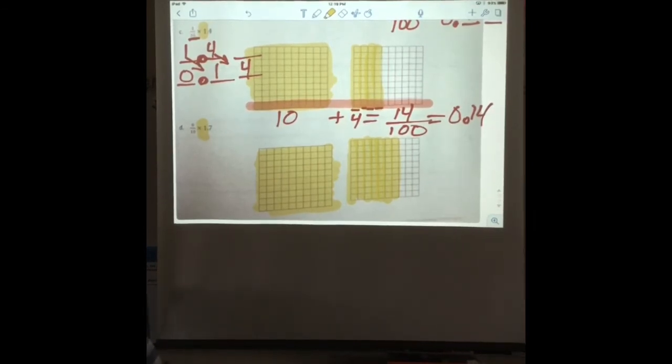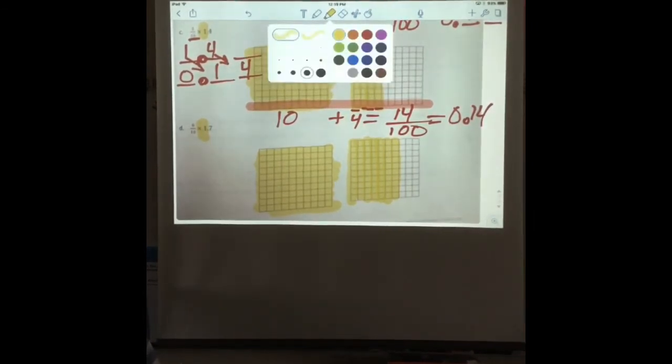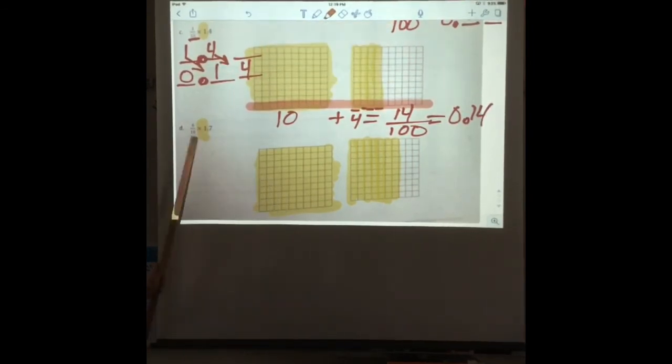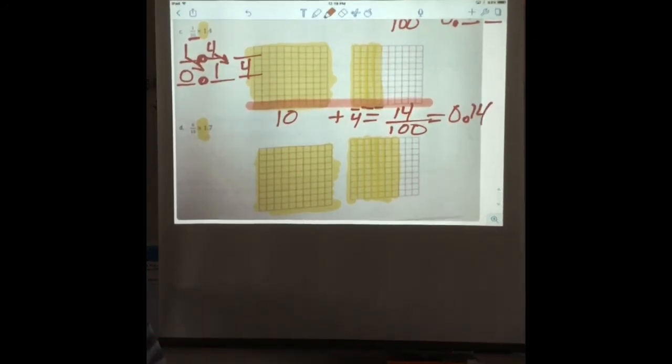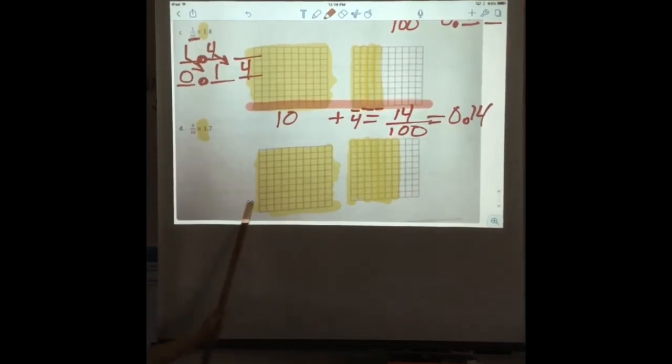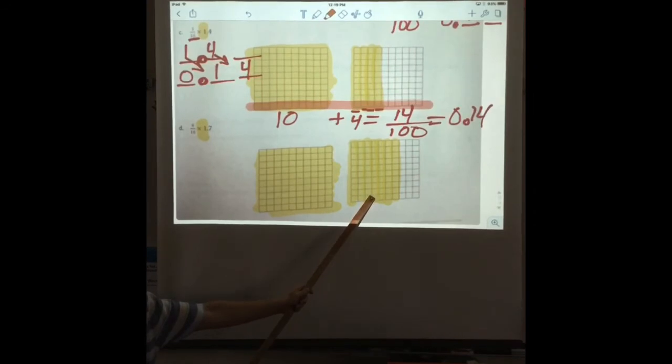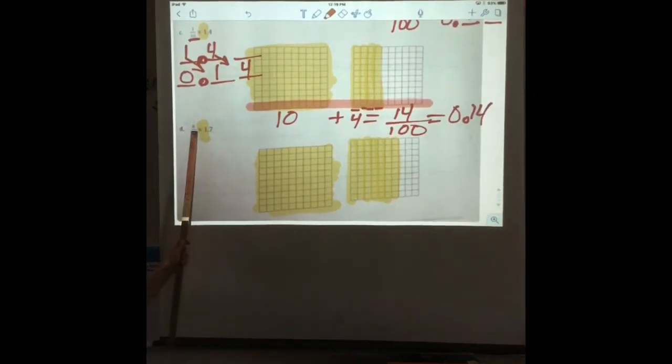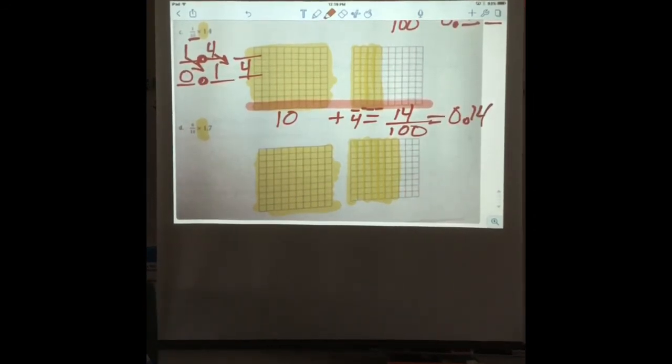All right, now how much am I going to highlight for the 6/10? Well, what did I do up here? I did 1/10, and I went across for the 1/10. How many am I going to want to go across for this? 6 of them, right? Okay, so let's do that.